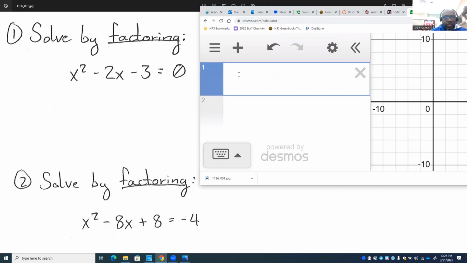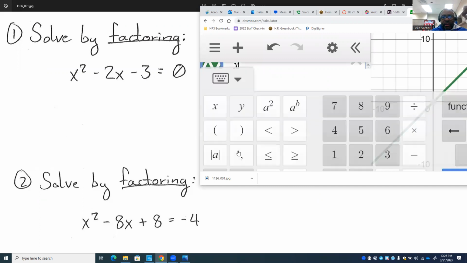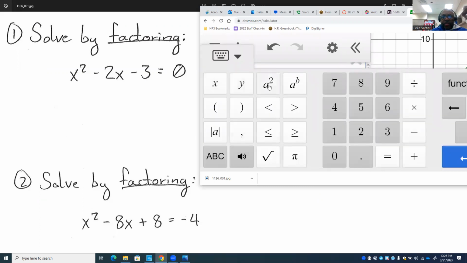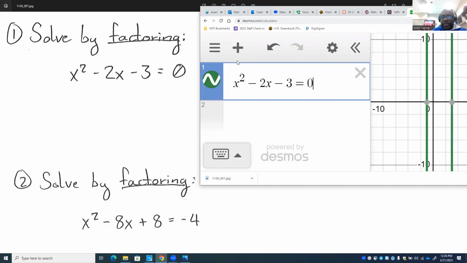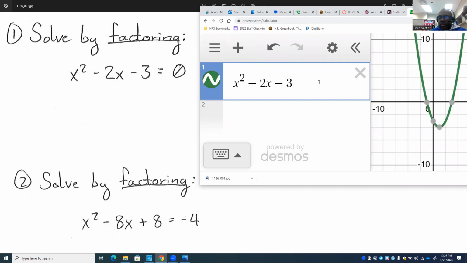So x squared minus 2x minus 3. Now, you can leave it at that, but you can also put the 0 in there if you want to. If I don't put in the 0, you see how it presents different, but it's the same roots, right there and right there.